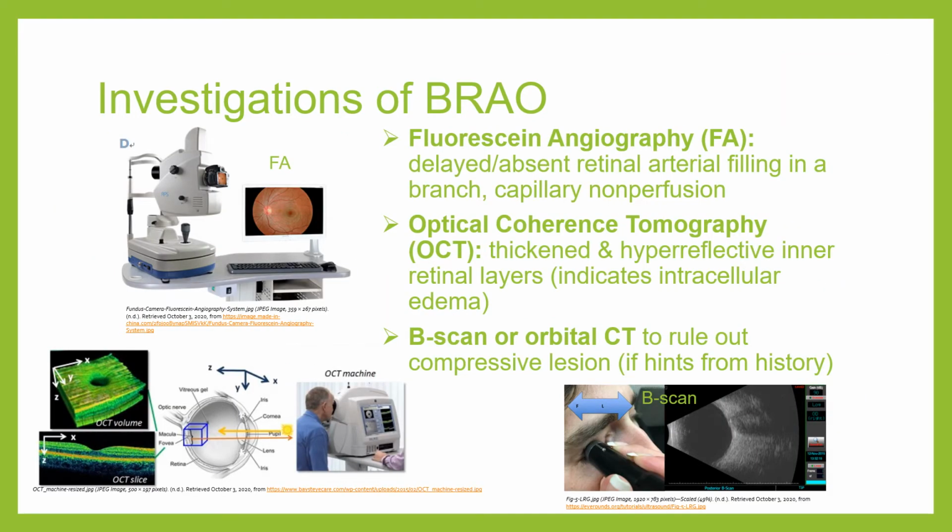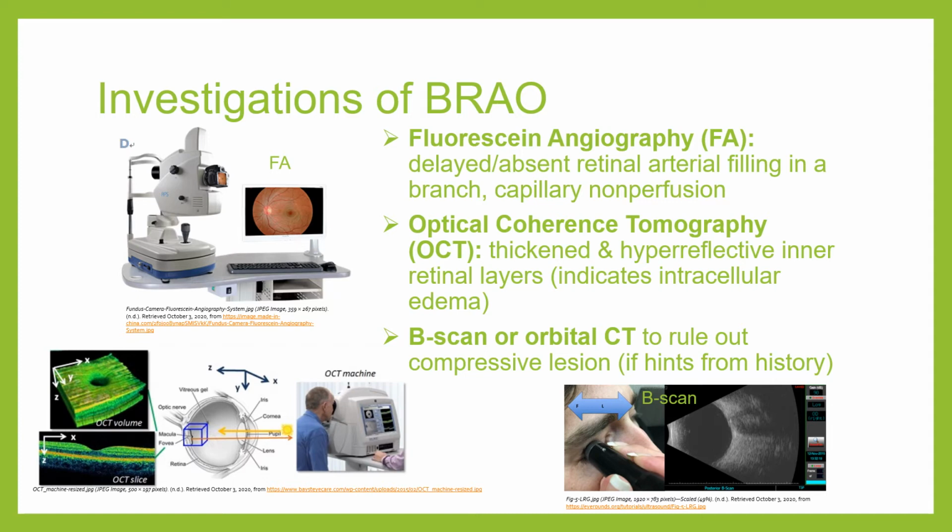Some other investigations include the fluorescein angiography. When administering fluorescein into the bloodstream, if there is delayed or absent retinal arterial filling in one branch, or a capillary non-perfusion, this is likely indicating BRAO.